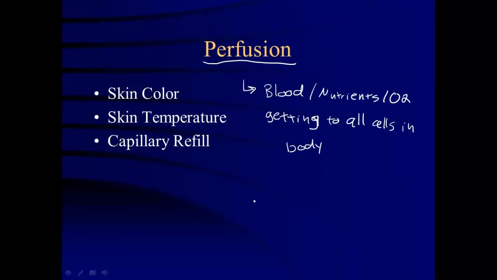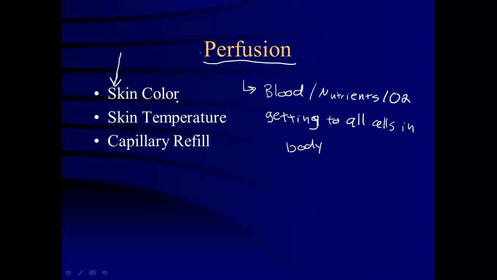The body has compensatory mechanisms to make up for the fact that they are bleeding. And one of the things that happens is that your body can kind of shut down some of the areas of blood flow. One of the most common places for this to happen is to the skin. The skin really does okay without having too much blood flow. It's going to survive. So the body will reduce the perfusion out to the skin if it needs the blood somewhere else. This is going to make the skin actually look pale.